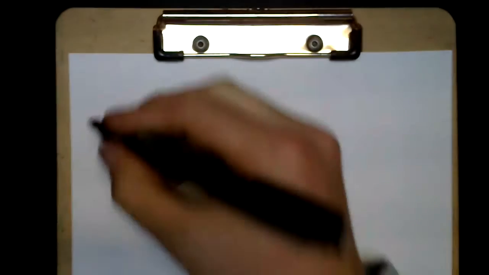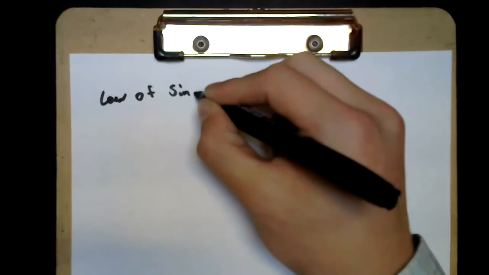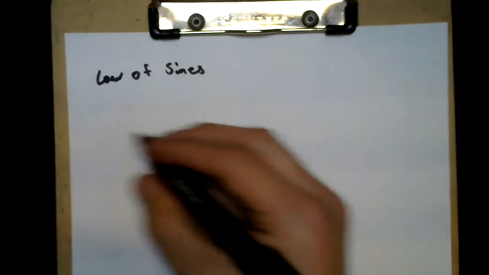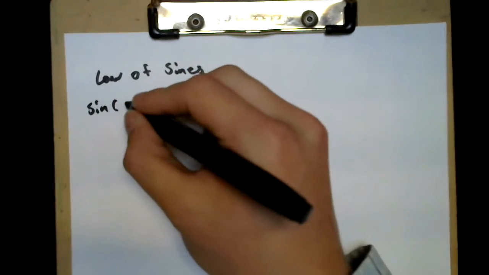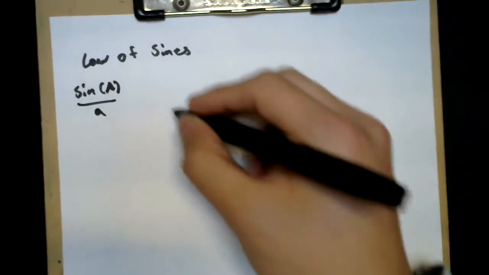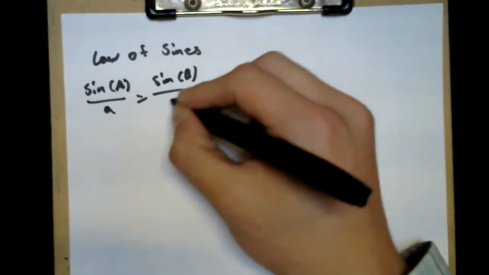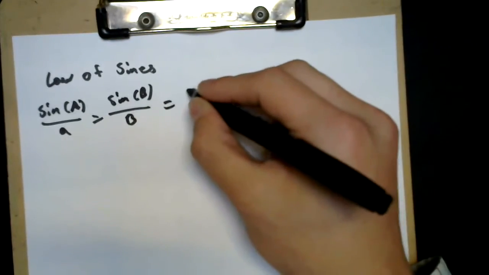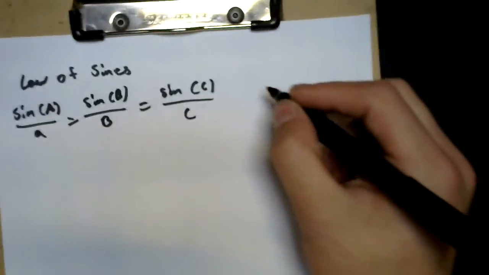Because some of you may remember the law of sines, which says sine of A over a equals sine of B over b equals sine of C over c.